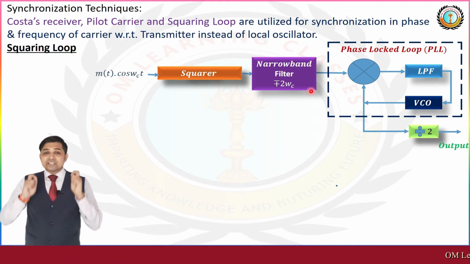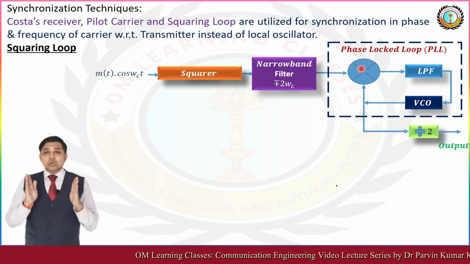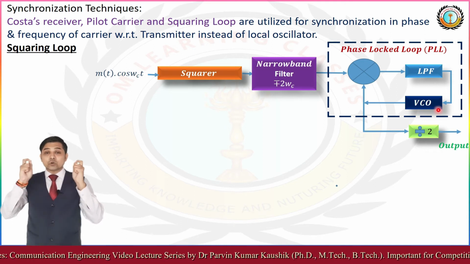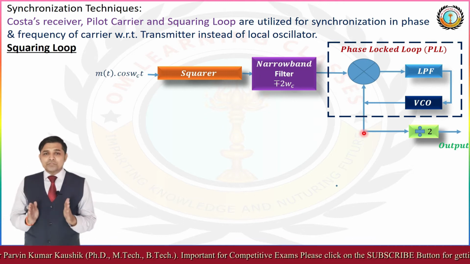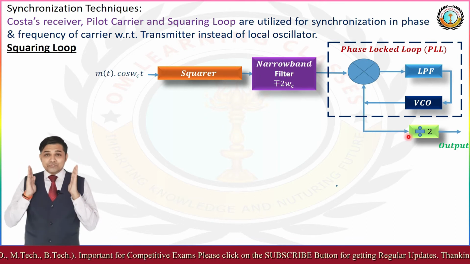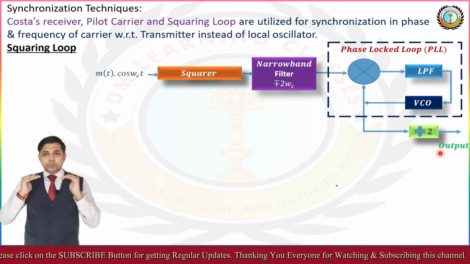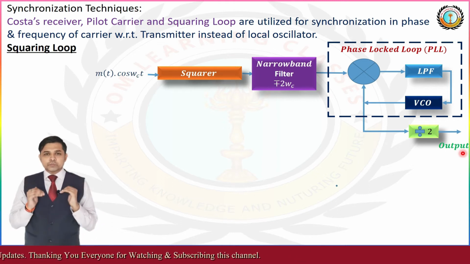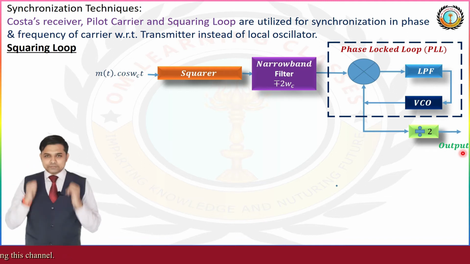Then we have the phase locked loop, PLL. In the PLL, we have the multiplier, low pass filter, and VCO, which is our voltage controlled oscillator. The output of this PLL is passed through a frequency divider circuit, which can be a bistable multivibrator, and at the output of this frequency divider we get the carrier signal proportional to cos omega c t.